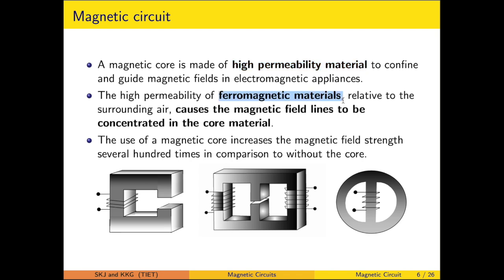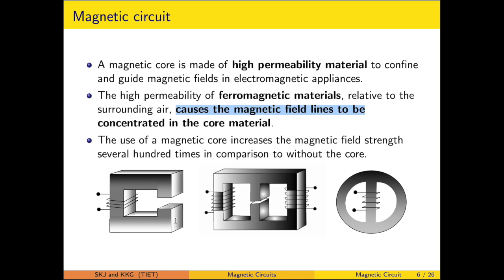The typical range for the relative permeability value of this ferromagnetic material is between 4000 to 10,000. The purpose of using the core of high magnetic permeability material is to confine the lines of flux within the core.